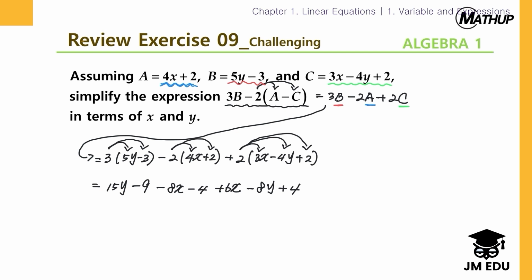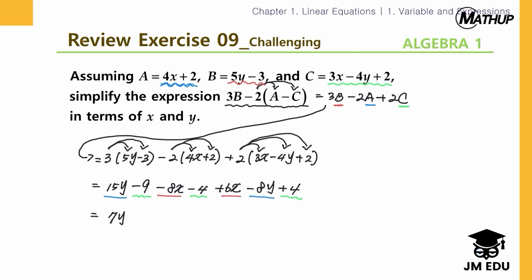So if you look at this expression right here, we have 2 y terms, 2 x terms, and 3 constants, right? So let's simplify this. 15y minus 8y, 15 minus 8, that's 7, right?